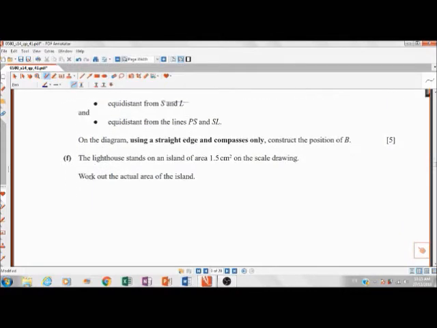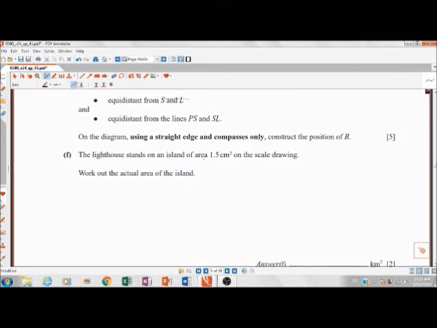Alright, I'm not going to do this. You guys do it. So this one. The lighthouse stands on an island of area 1.5 centimeters squared. On the scale drawing, work out the actual area of the island. So in order to do that, you have to convert the scale, which is 2 centimeters to 3 kilometers, to centimeters squared.